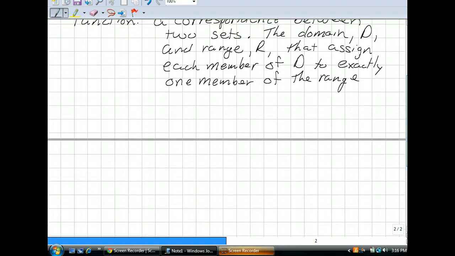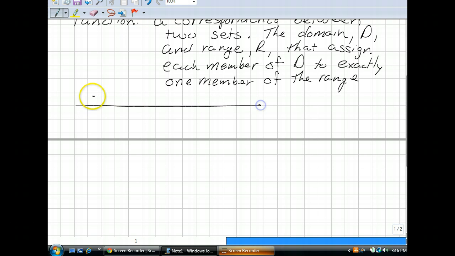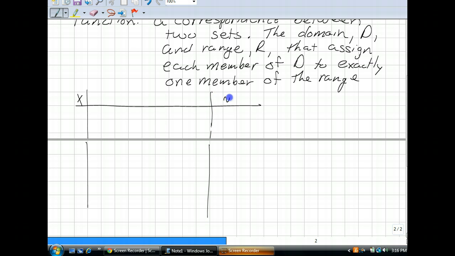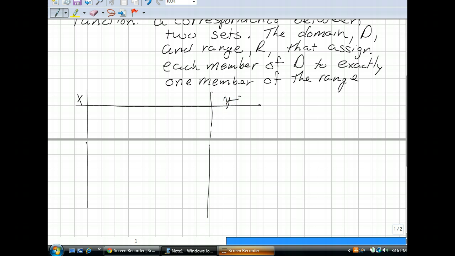So if x is our domain value, and y is our range value, then what we've been doing is we've been taking some rule, say this rule, and we've been plugging in an x value and getting a y value out.